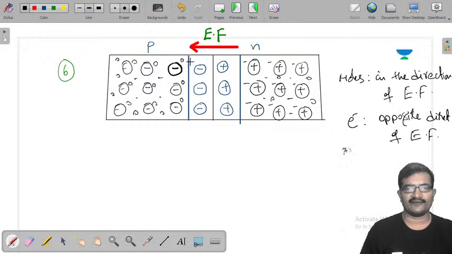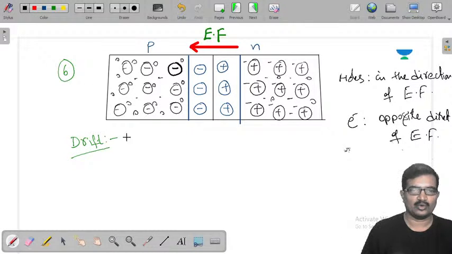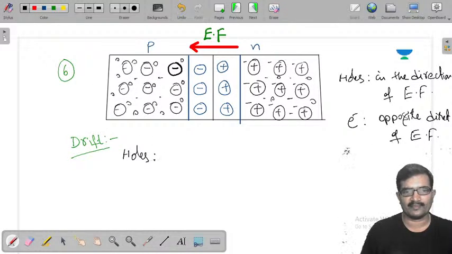Now the movement taking place here is drift movement. Due to this electric field being N to P, holes have to move in the direction of the electric field. That means holes move from N region to P region.